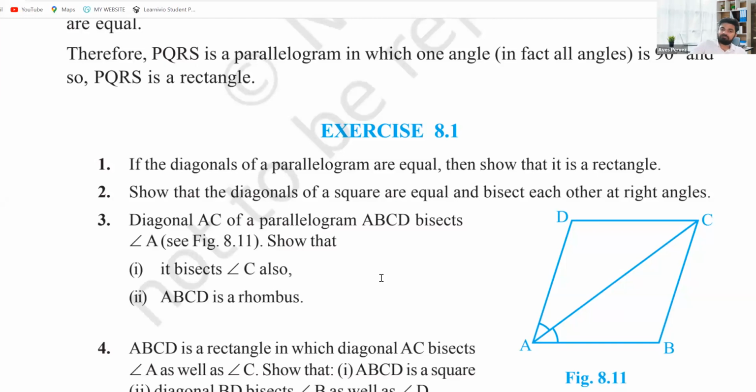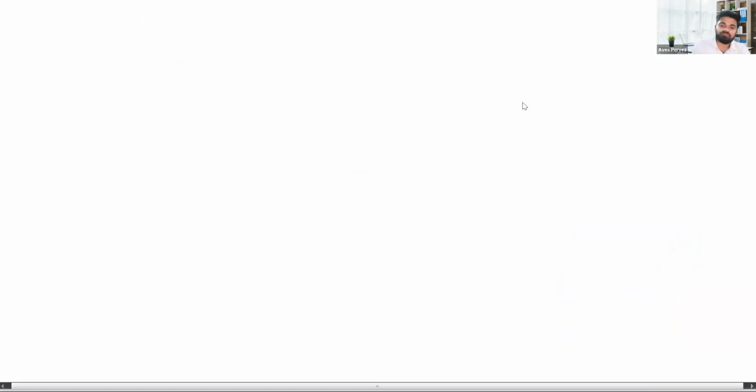Sir, I wrote the question. Prove that the diagonals of the square are equal and bisect each other at right angle. So we have to prove that the diagonals of the square, first of all, bisect each other and bisect each other at right angle. So what we need to prove here: show that the diagonals of the square bisect each other at right angle. Okay.